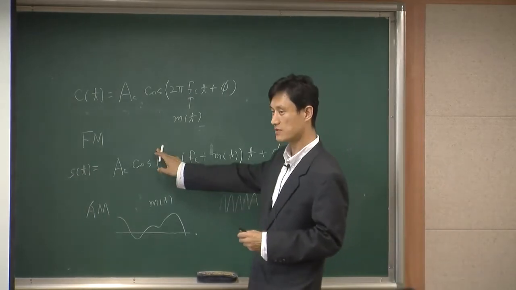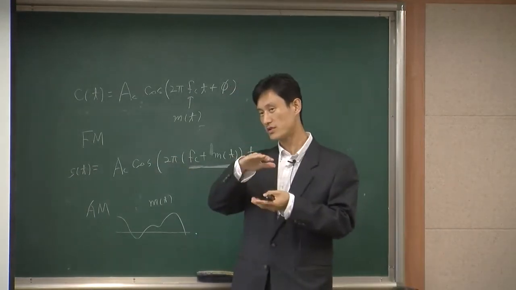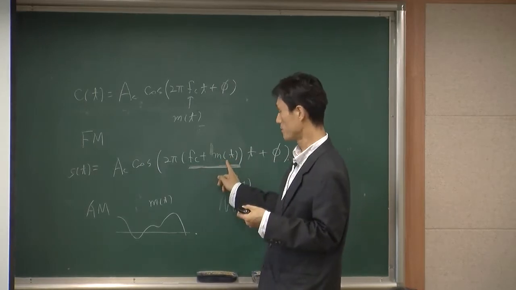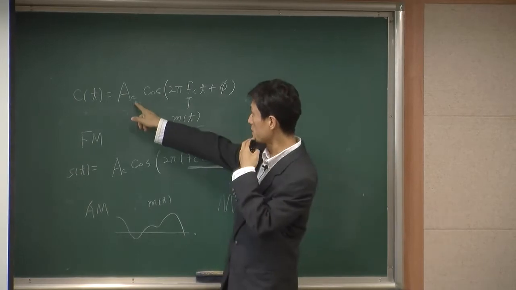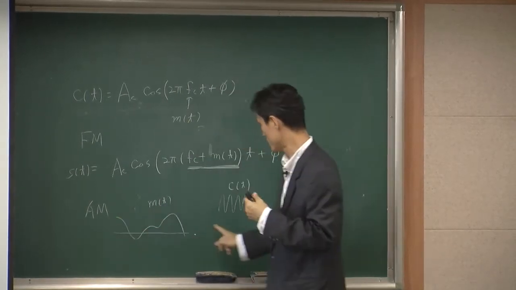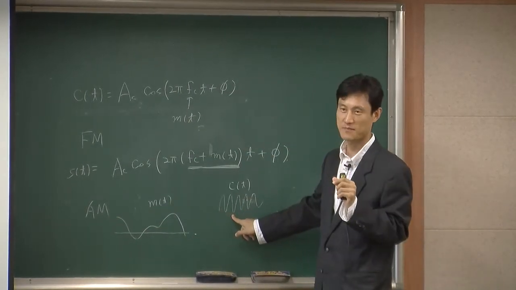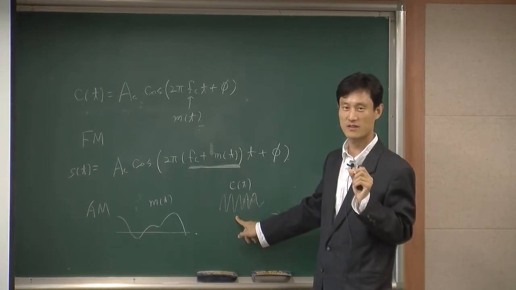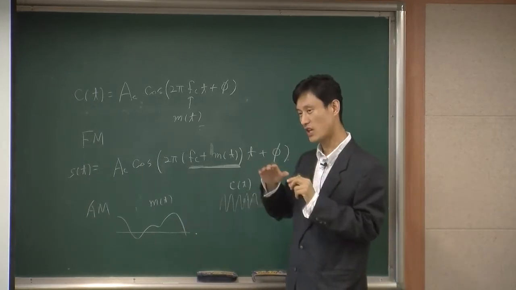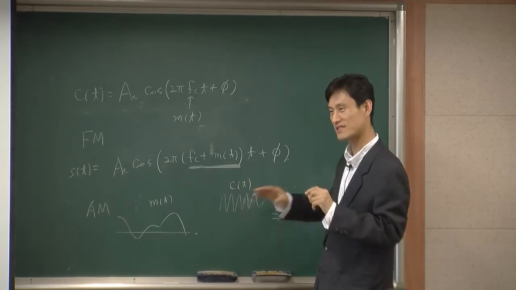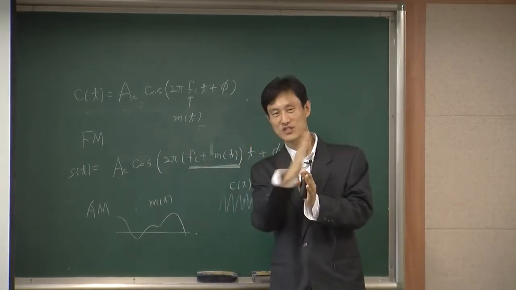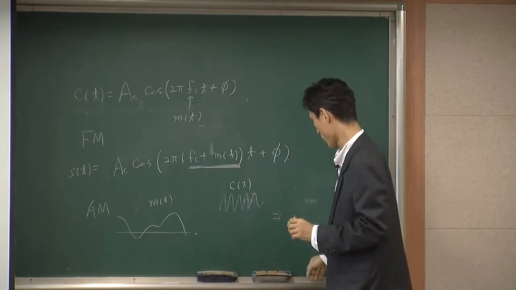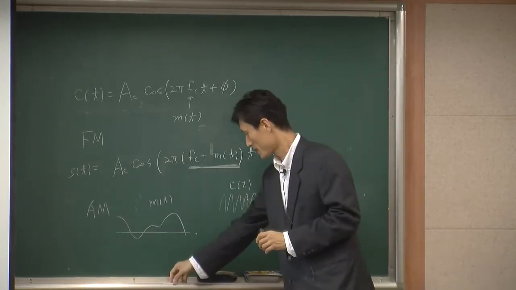But in frequency modulation, amplitude is not changing, but depending on your message, your frequency is changing. In the earlier amplitude modulation, frequency is always the same. Frequency never changes, right? Your message will change your amplitude, but frequency is the same. But in frequency modulation, now the frequency changes.